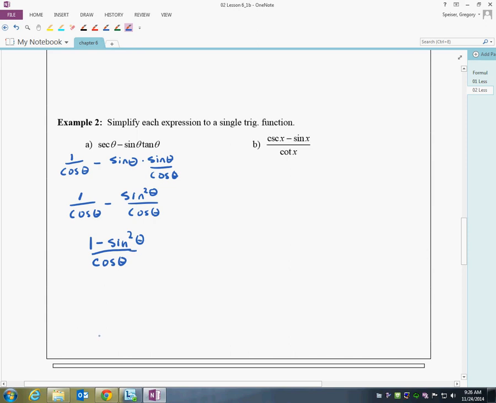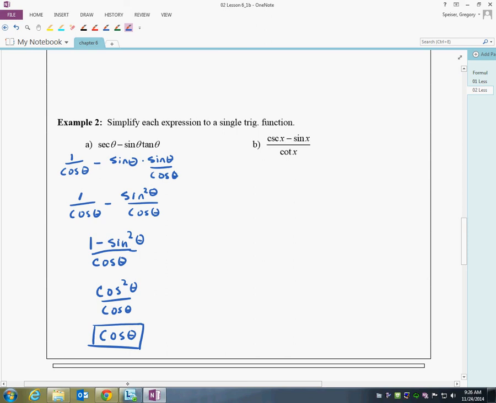And now you go, oh, I think I've seen that, 1 minus sine squared theta. Yes, that is the same thing as cos squared theta. So that's where we're using our Pythagorean identity: cos squared theta divided by the cos of theta. Now I'm going to cancel a cos from both the numerator and the denominator, so it simplifies down to the cos of theta.